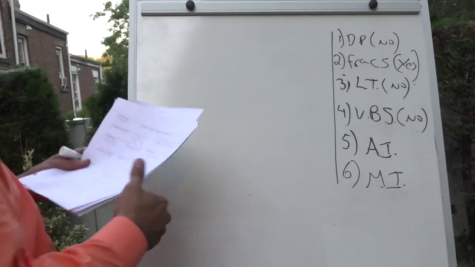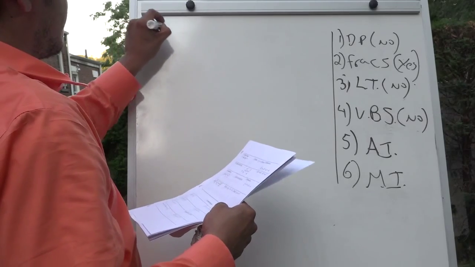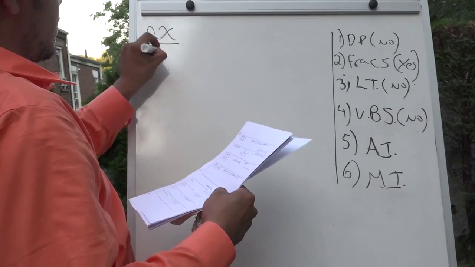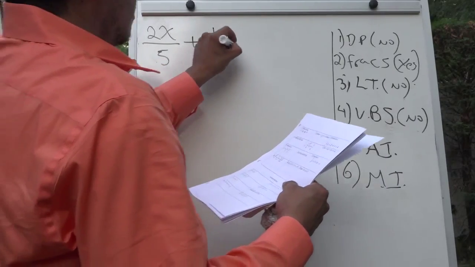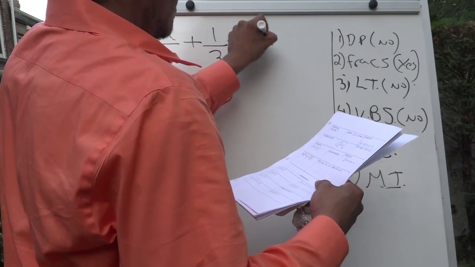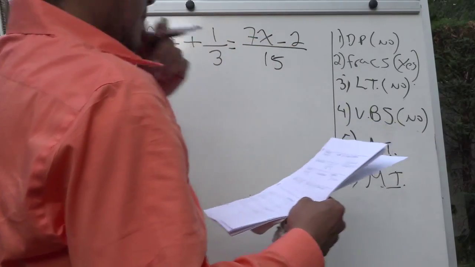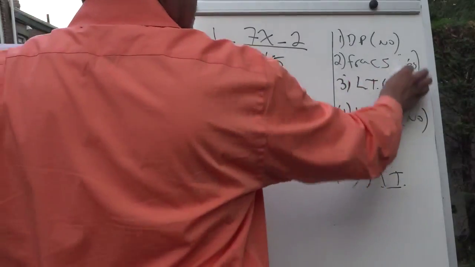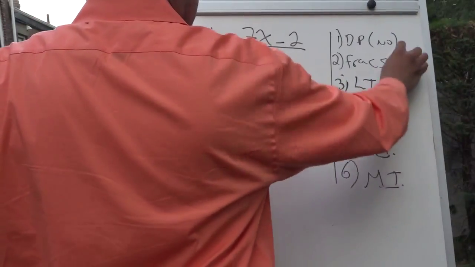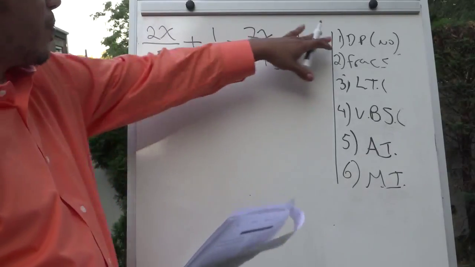All right, let's do this one. 2x over 5 plus 1 over 3 equals 7x minus 2 over 15. Let us ask our questions. Do I have distributive property?